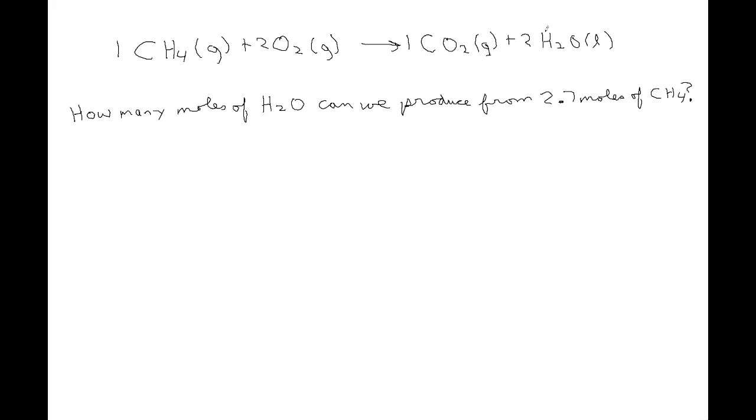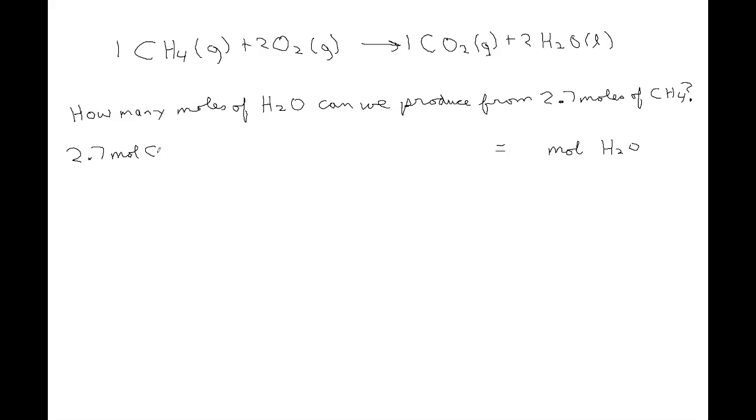Okay. Well, we haven't ever done a question quite like this before, but maybe you can figure out how to apply our previous methods to this. So try working this out on paper. Okay. First, I guess you put your target unit, which is going to be moles of H2O. And you write what you have, which is 2.7 moles of methane.